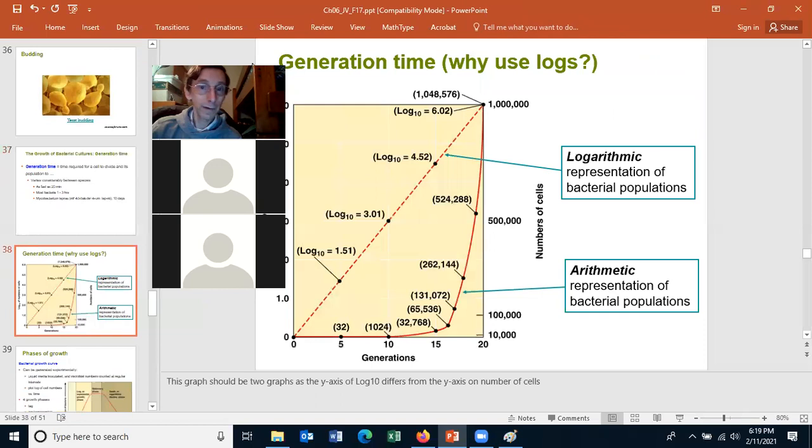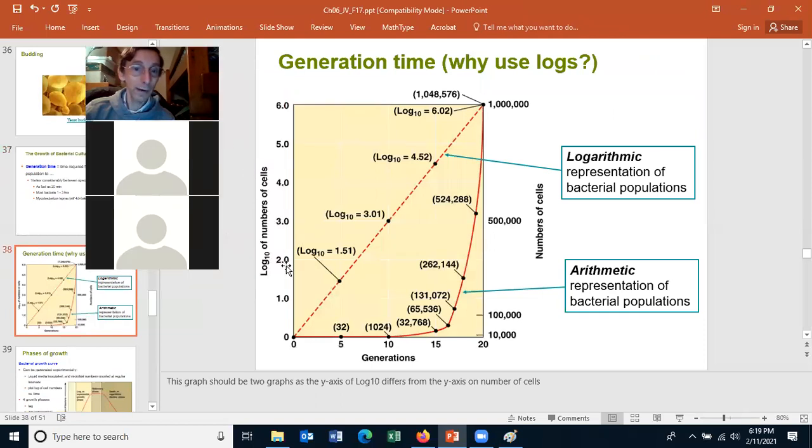When we're looking at the generation time and bacteria growing, microbiologists could plot it on a numerical scale on the y-axis and a numerical scale on the x-axis, time on the x-axis, number of cells on the y-axis. But then the graph will look like this: one cell splits into two cells, into four cells, into 8 cells, 8 cells into 16 cells.